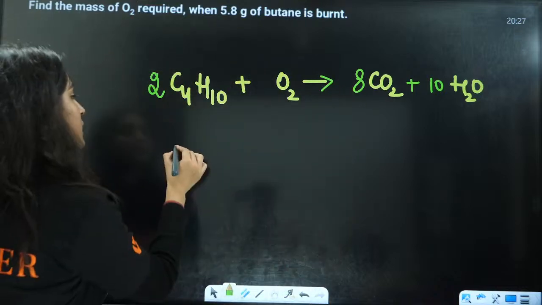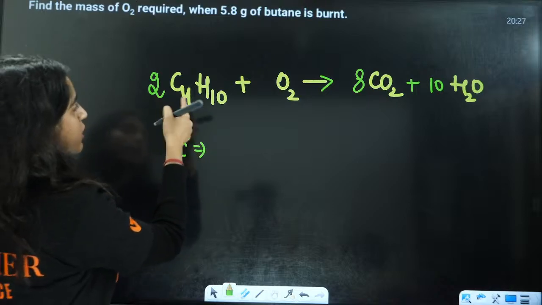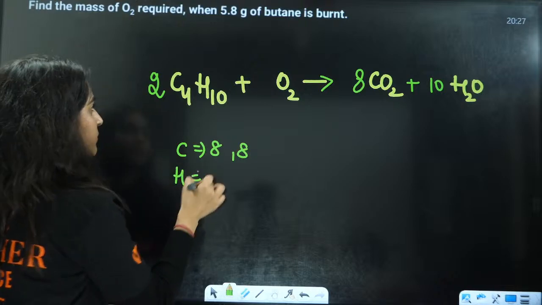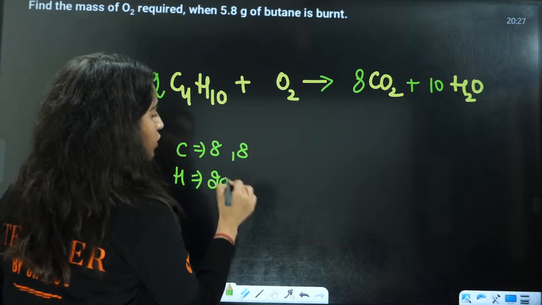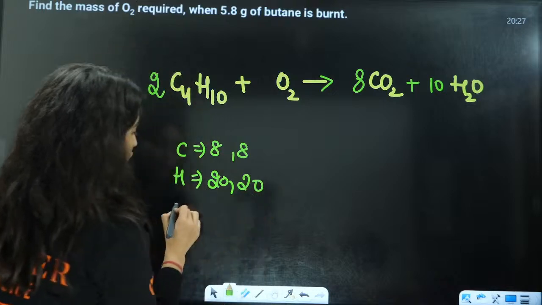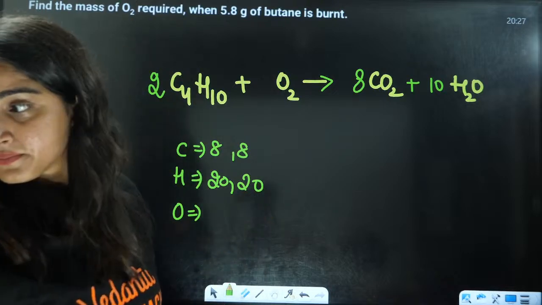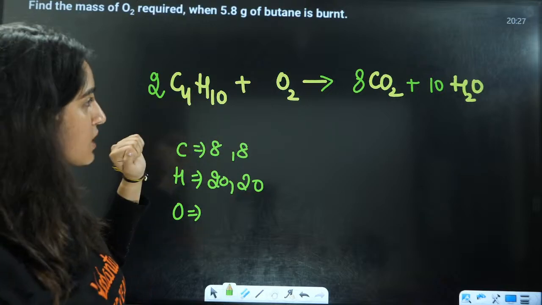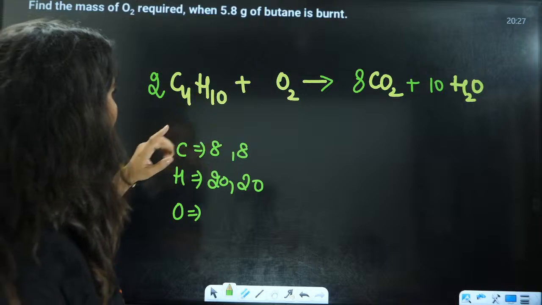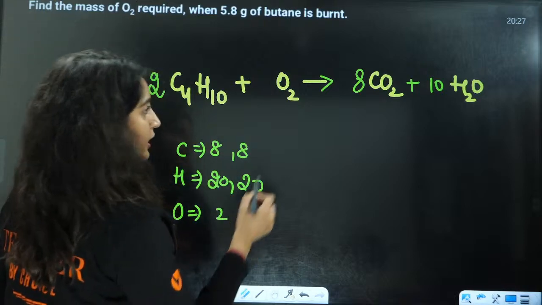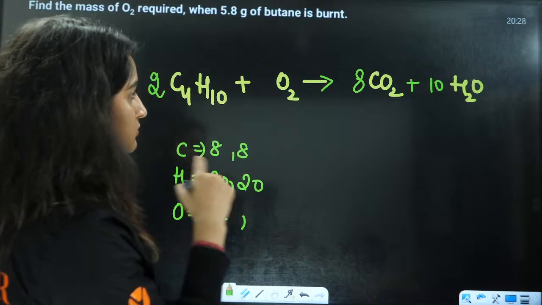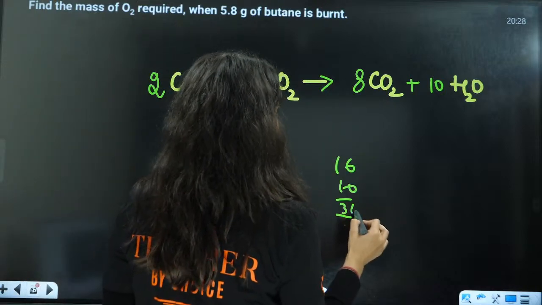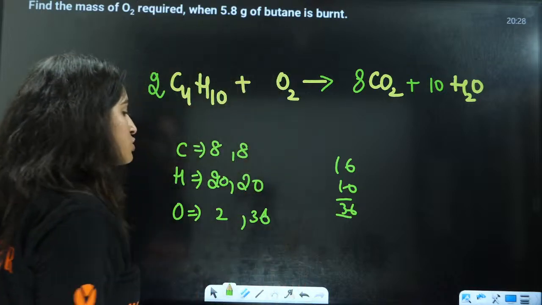Now the carbon atoms here are 4 to 8, and here also it is 8. The hydrogen atoms here are 20 and here also 20. The oxygen atoms here are 2 and here we have 16 plus 10, that is 36.